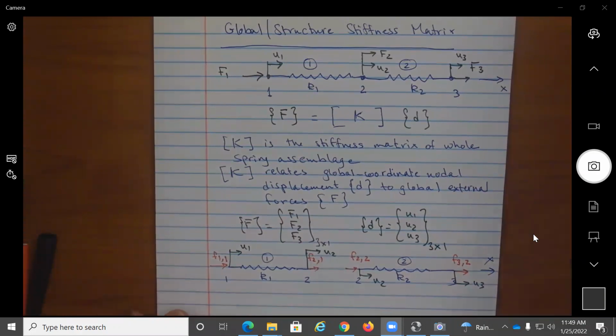Now I can write the element equations for each of these elements based on what we just derived.